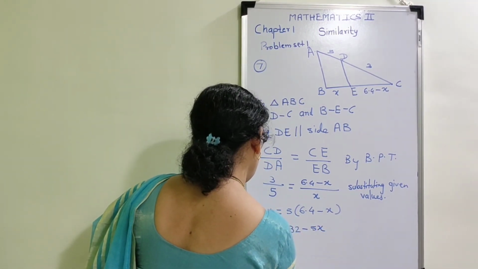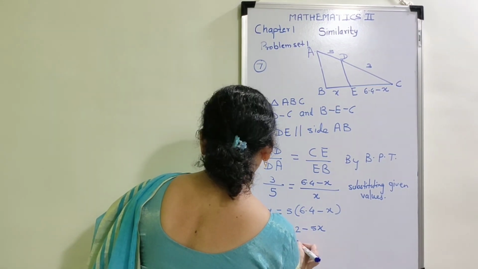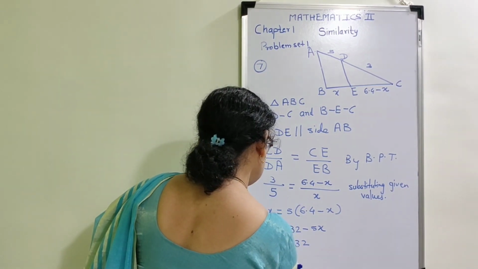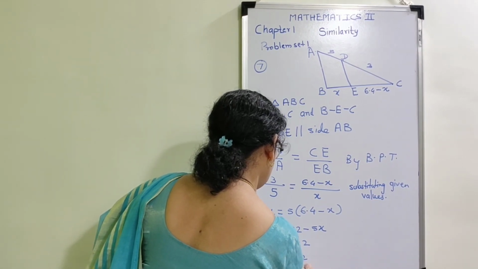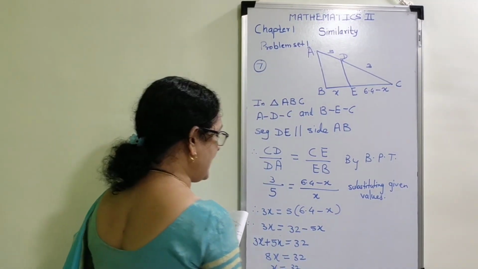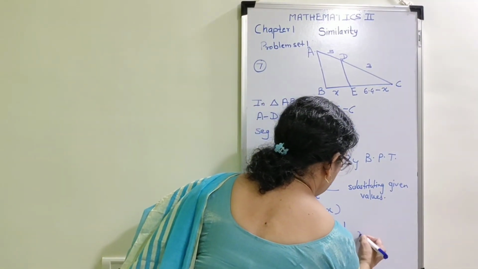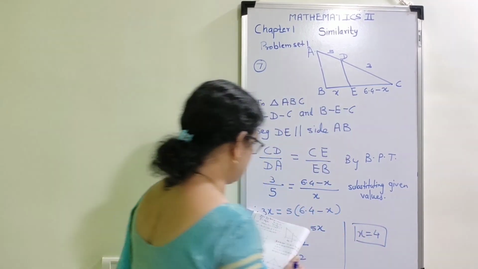Transpose 5x on the left side. 3x plus 5x is equal to 32. 8x is equal to 32. Therefore, x is equal to 32 upon 8. When I divide 32 by 8, I will get x is equal to 4. This is my final answer.